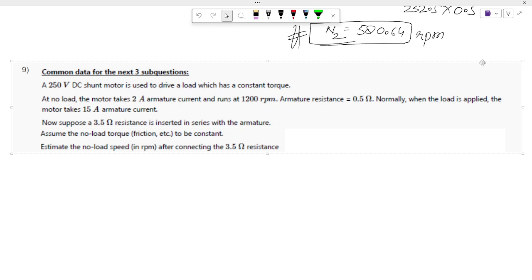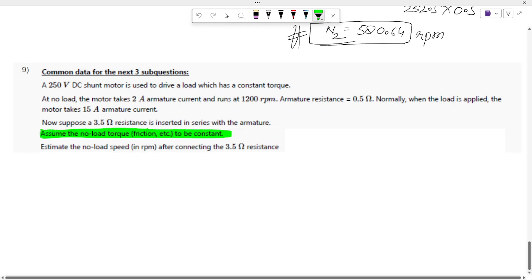Assume the no load torque to be constant. This is very important. Remember, I will relate this. Assume the no load torque to be constant. That means at no load, the no load power loss is constant.